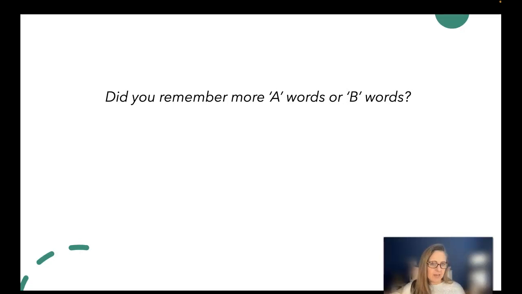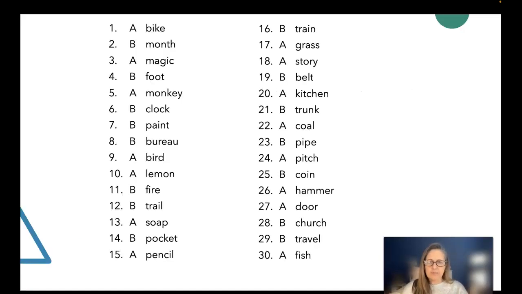And when you did that task, you were trying to determine for the A words, how many syllables there were, and for the B words, whether they were pleasant or unpleasant. To determine how many syllables are in a word, you really don't have to think about that word very much. You don't have to process that word at a very deep level. You just have to hear it and make that determination.